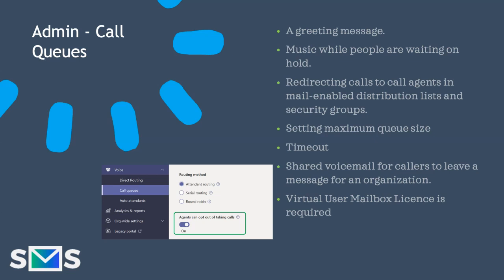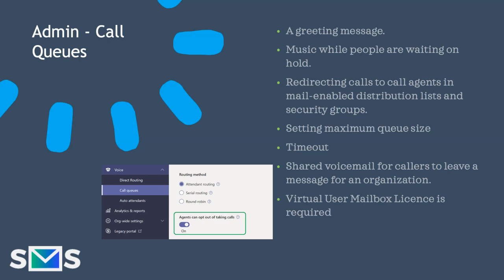There is even an option where people can opt out of taking calls, so they come out of the queue, which is useful for some people. You can do it with presence. So if their presence is busy in Teams, they won't get a call. If they're available, they will get a call. So it's handy if they're in meetings, for example, or on holiday.